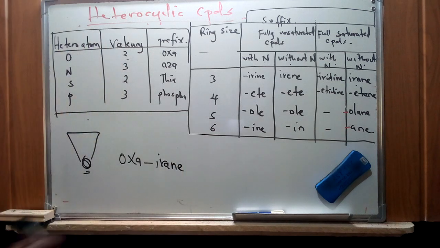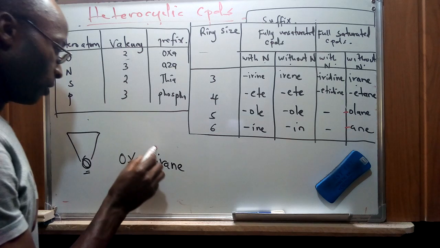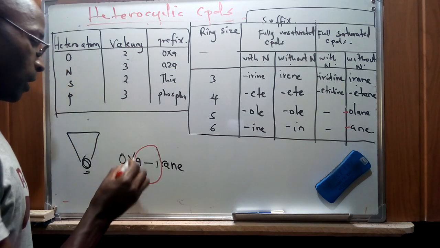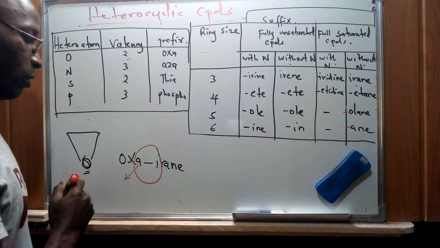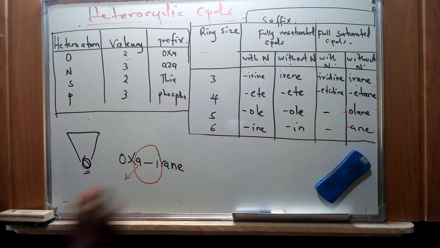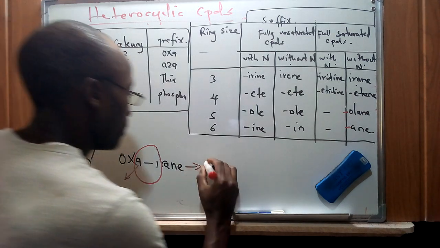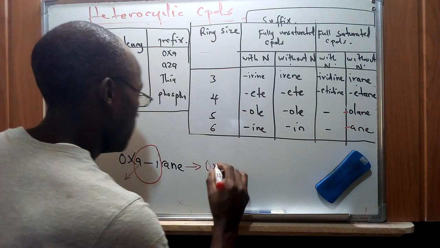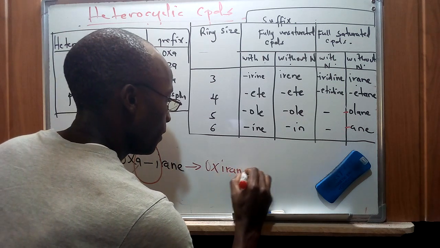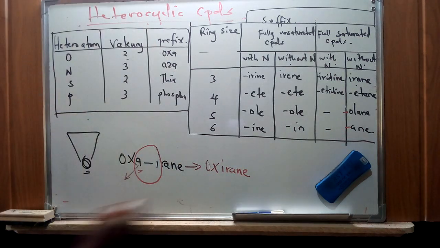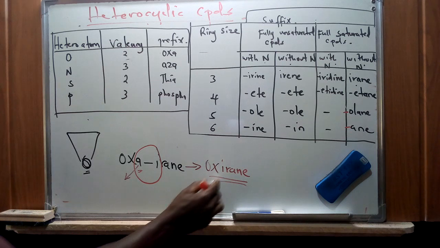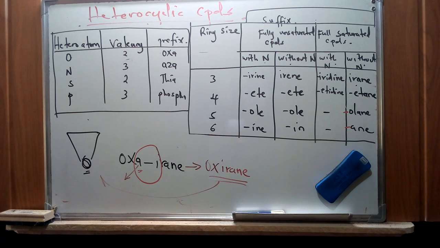And there's this last condition that I've discussed, that if the vowels come in that order whereby they're consecutive, then we are supposed to drop this A in order to get that name. So we are going to have this compound named as oxirane. So the A has disappeared from this. So this is going to be the name of this particular heterocyclic compound.